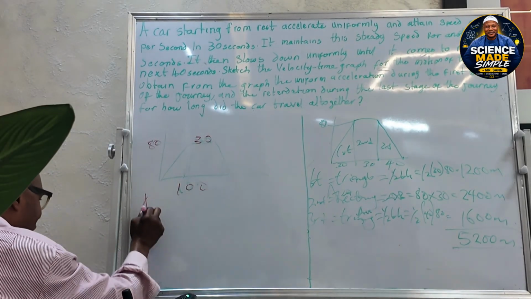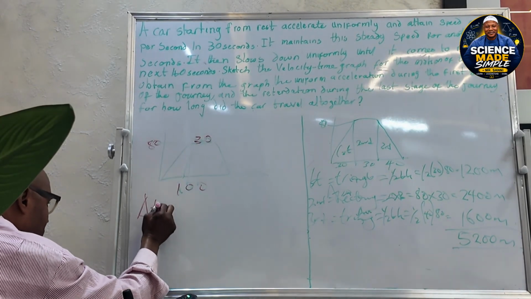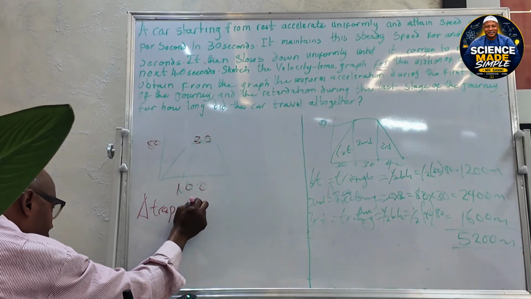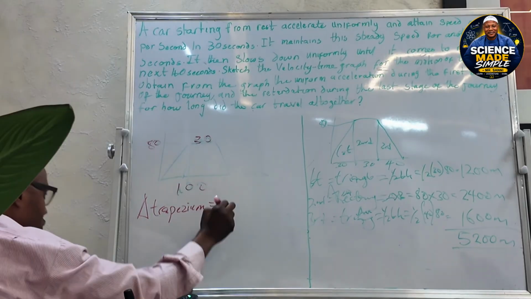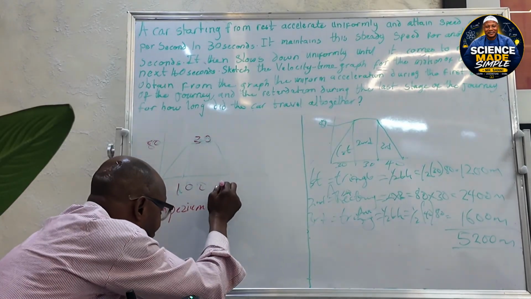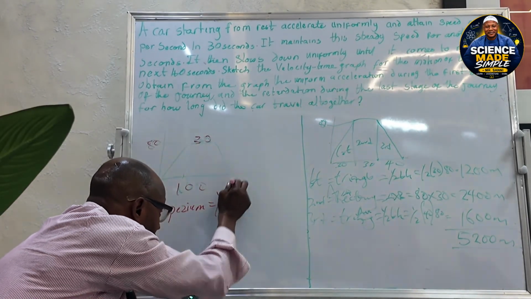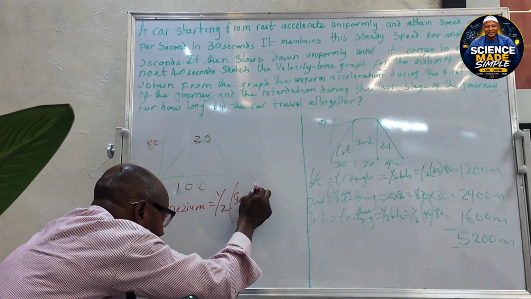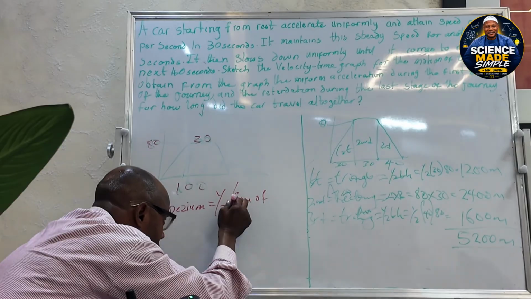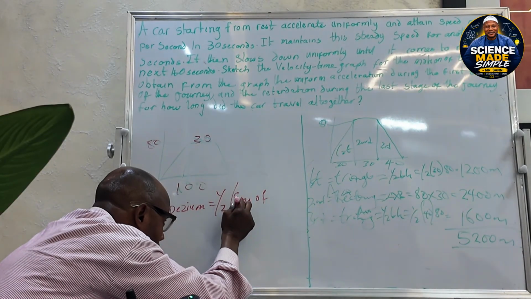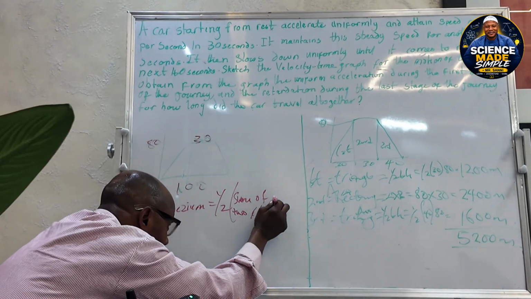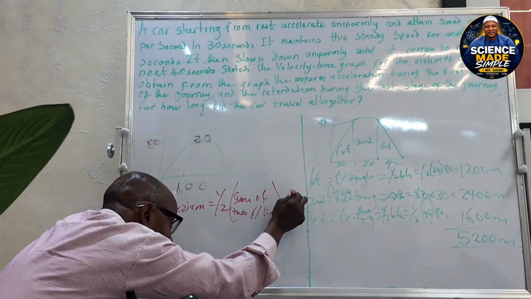And the area of a trapezium will be half of the sum of the two parallel lines times height.